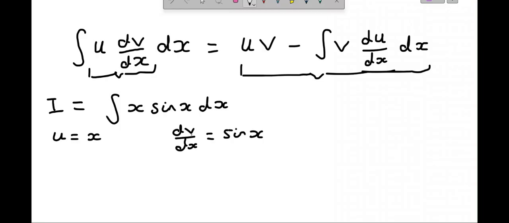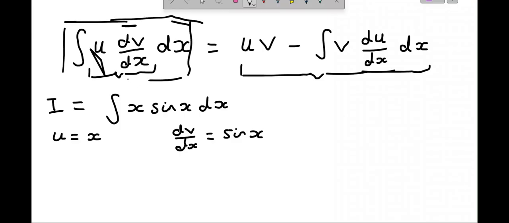I'm going to say that the derivative of my function v is sine x. And the reason I'm doing that is to match up with this formula here. So I've taken a u and I've taken dv by dx. Okay, so now my integral looks like this side of the equation.